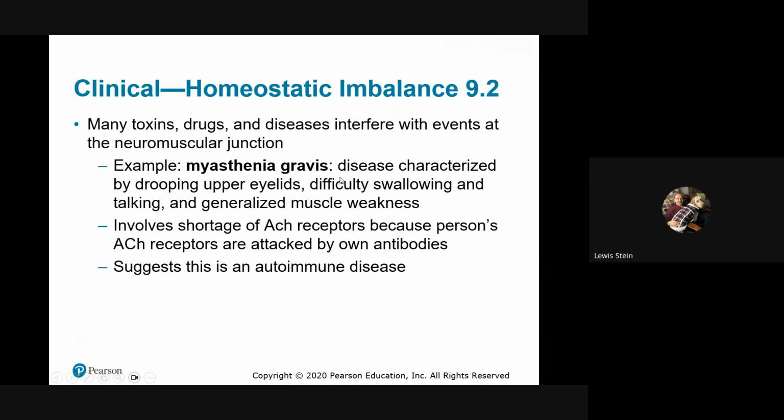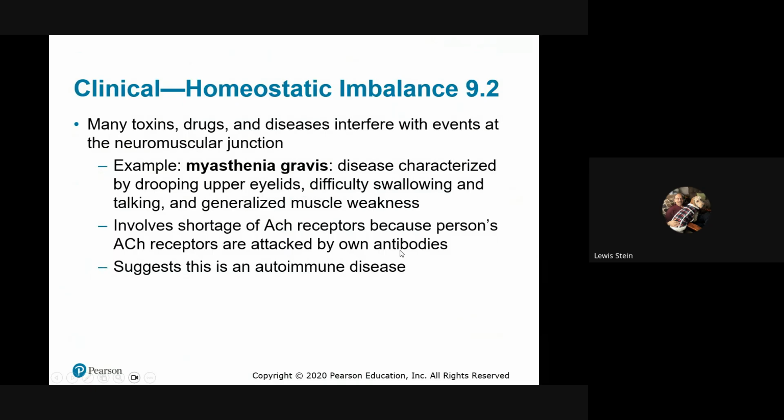This is myasthenia gravis. This is a disease. It's an autoimmune disease, a little bit like we were talking about with rheumatoid arthritis. This one, again, muscles that move the fastest are the first ones affected. You have trouble swallowing, talking, and then it becomes generalized because the person's receptors are attacked by their own antibodies.